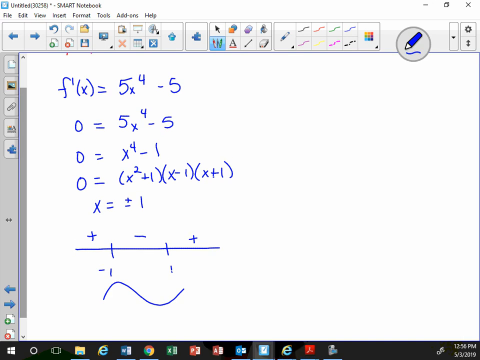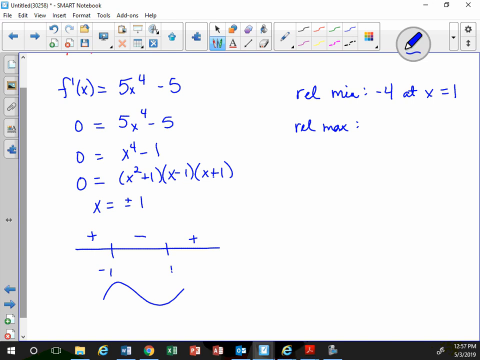Things fall apart. All right, guys, what'd you get for a relative min? I like the t-shirts. It's a good pattern. Whatever. One is 0.